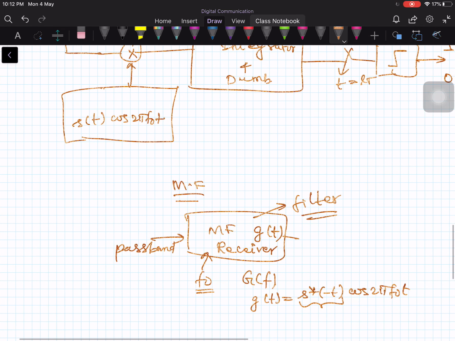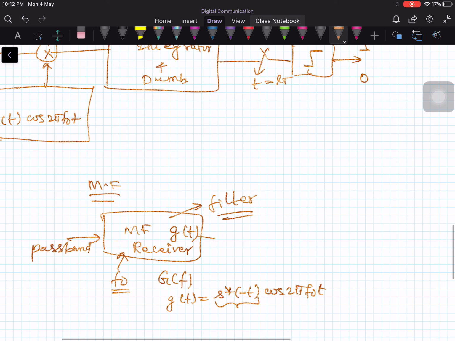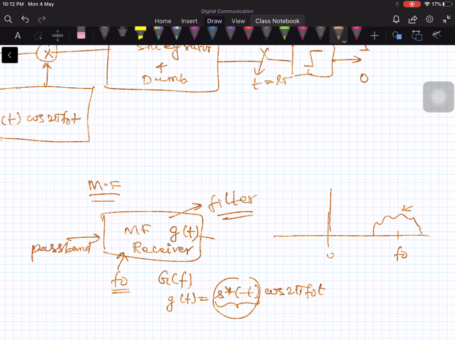When you draw in the frequency domain, this is 0 and this is f naught. This is the shape of the pulse in the frequency domain. Because of the Fourier transform, this pulse s of t is going to give the actual transfer function, G of f. Whereas in a correlator, I don't implement any filter at all.